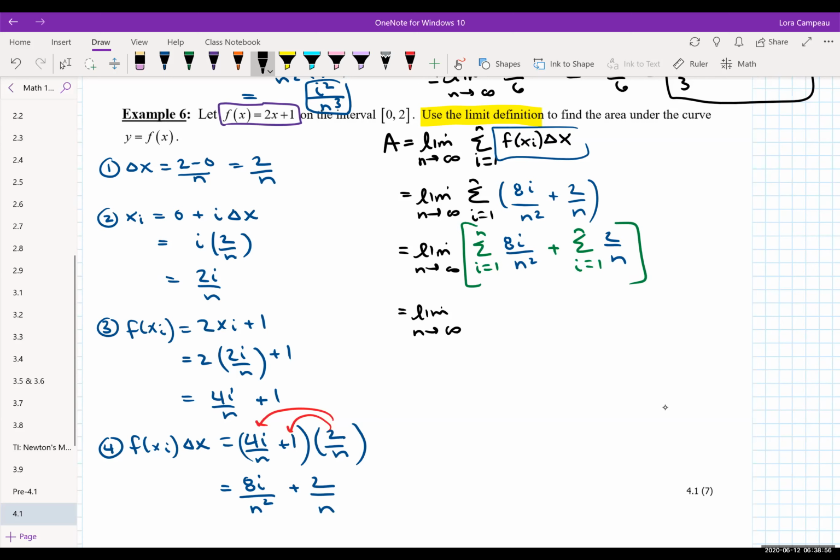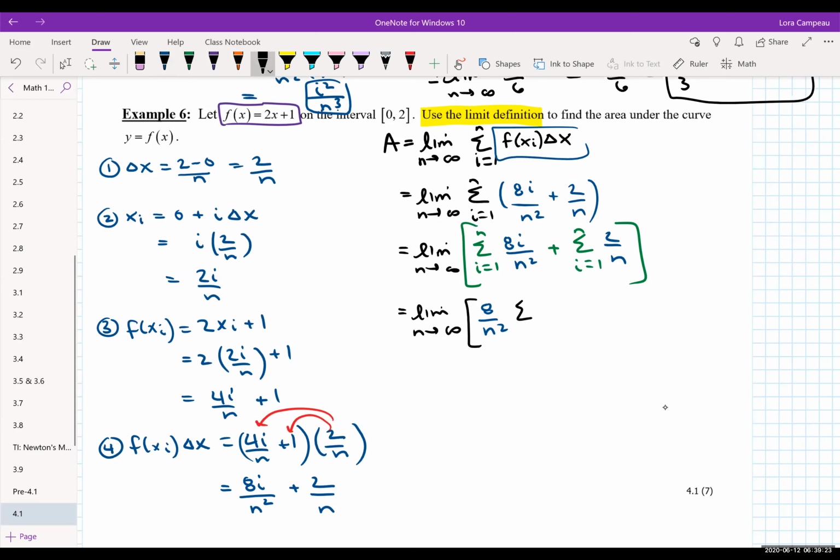What at this point we can do is look at the summations and see if you can factor the n's out, because they have nothing to do with the summation notation itself. Also constants as well. So if y'all could look at the 8 over n squared, it had nothing to do with the summation.